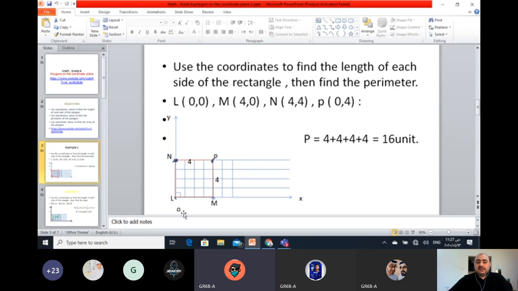Okay. This is the O. O means the origin point. 0 0. And M for 0, N for 4, and P 0 4. The first point here, 0 0 means this is the point. So here L. Then M 4 in X, 0 in Y. 4 in X, this is X axis, this is 1, 2, 3, 4.